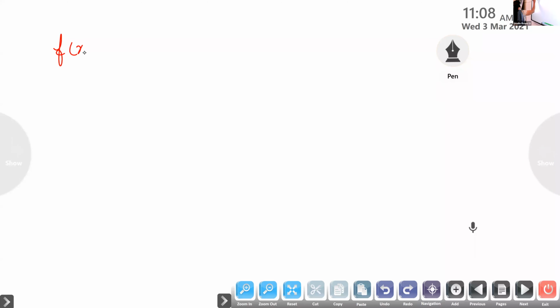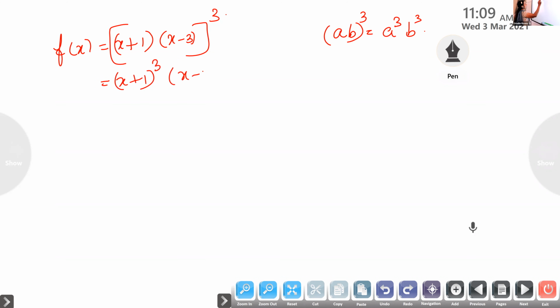So we can write this as x plus 1 the whole cube into x minus 3 the whole cube. I'm not going to expand it. If you expand this, it will be a big lengthy function. So you keep f of x as such.